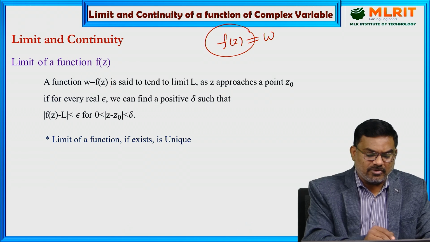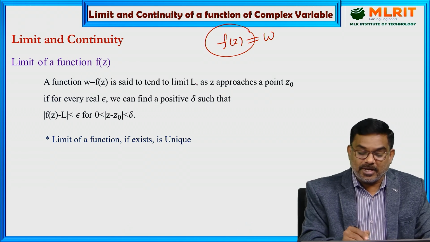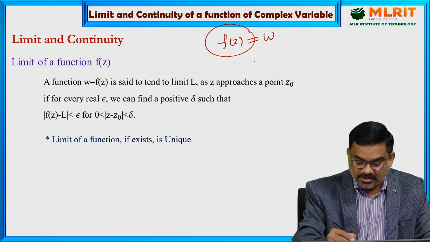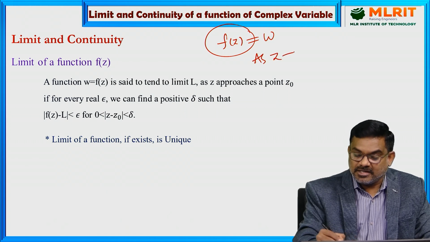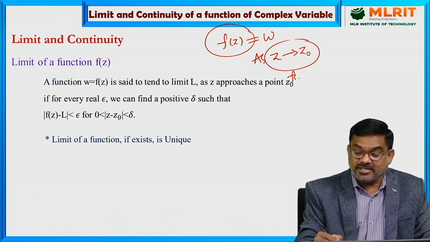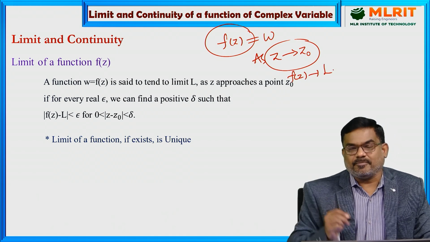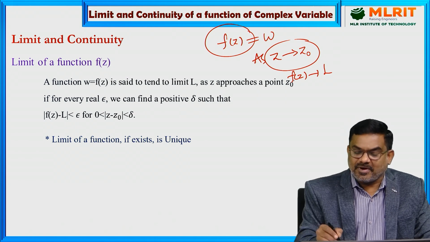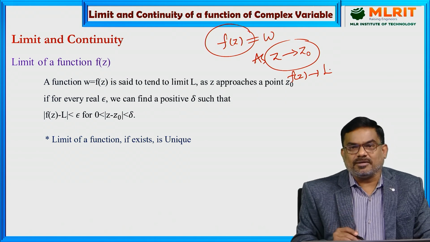A function w equal to f of z is said to tend to a limit L as z approaches z naught. That means as z approaches z naught, z is reaching z naught, this f of z reaches the limit L. That is the actual concept. As z tends to z naught, this f of z tends to L.